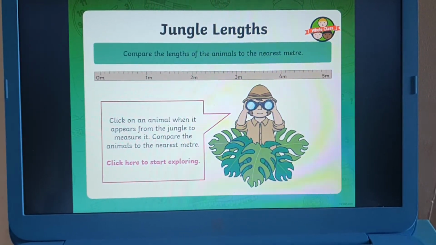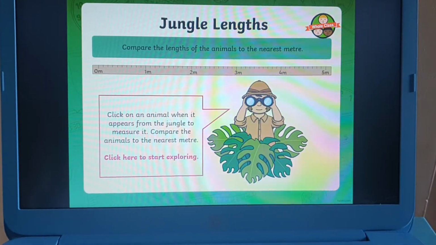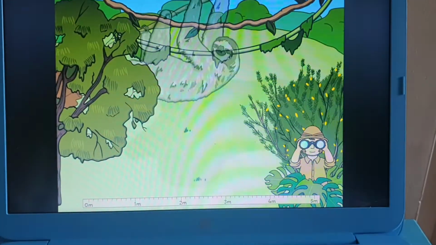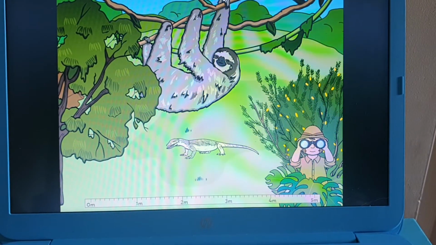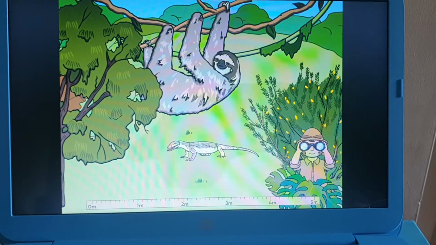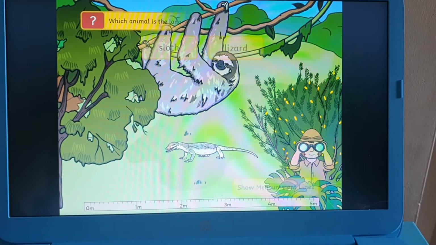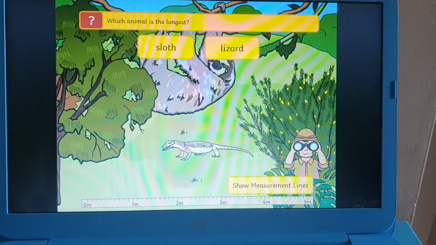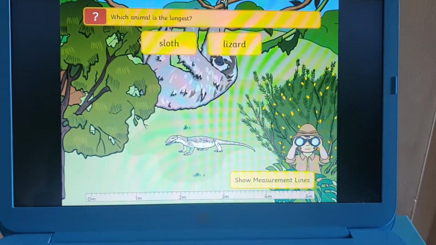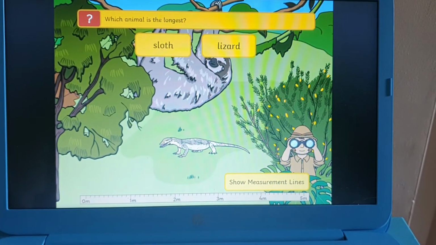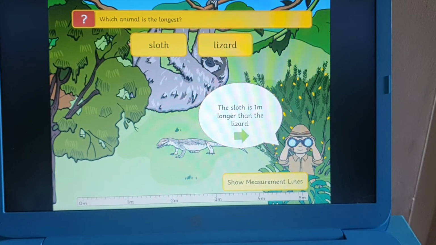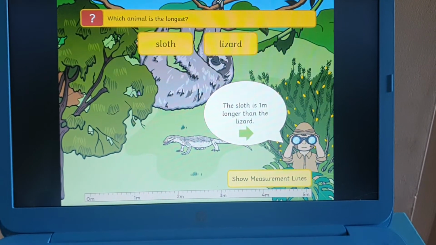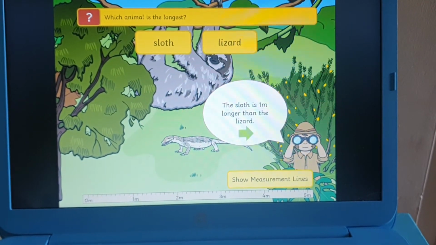So we're going to compare the length of the animals to the nearest metre. So, which animal is the longest, the sloth or the lizard? The sloth is 1 metre longer than the lizard.